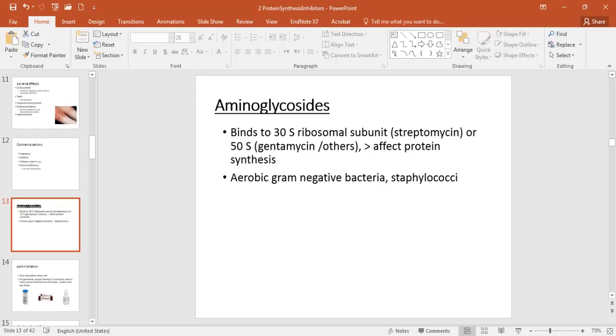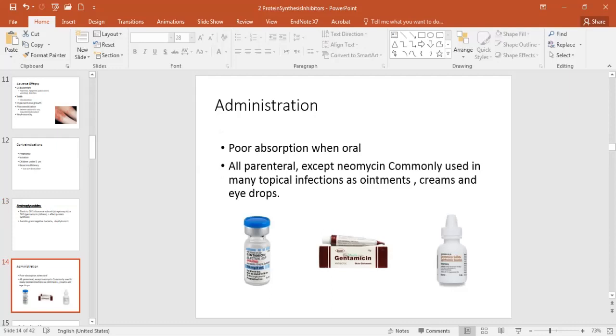So when you hear about gram-negative bacteria, they are common cause for intestinal infections. Then administration, they are poorly absorbed when given orally. All are given parenteral، يعني دائما على شكل حقن.